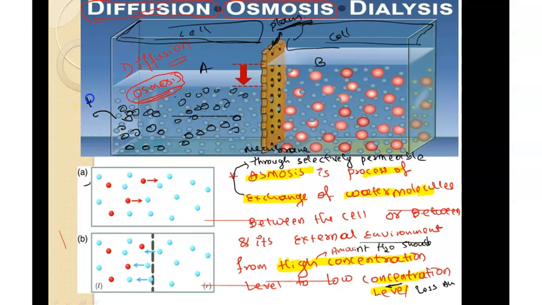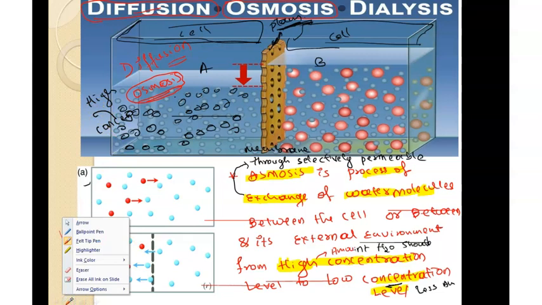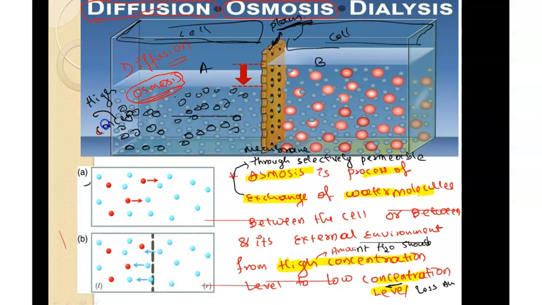That means here we have a high concentration region. And you can also find here less amount of water particles. Let's take less amount of the water particles here. These are my water particles here.